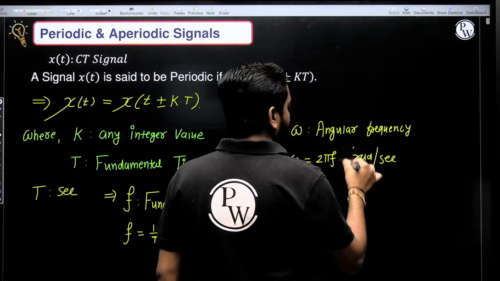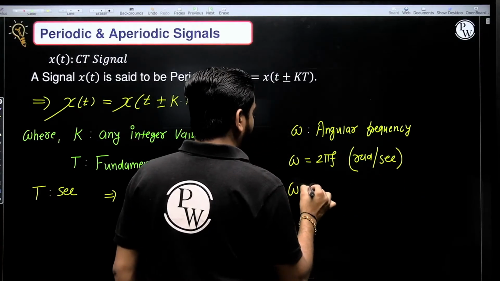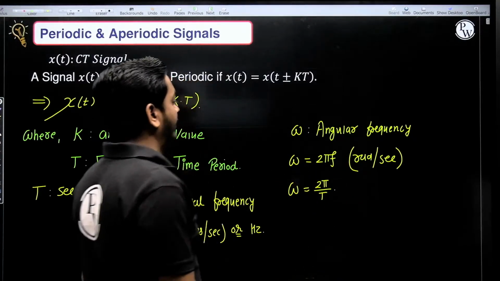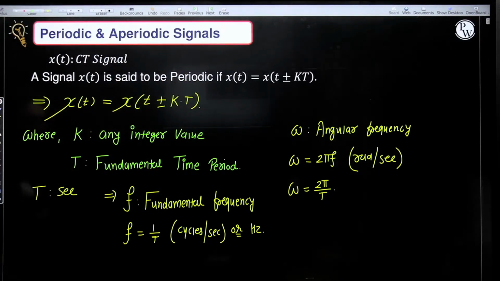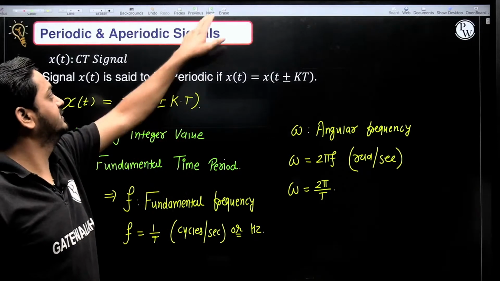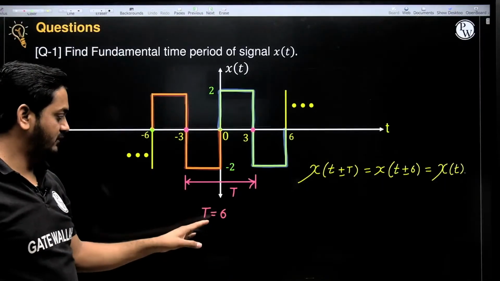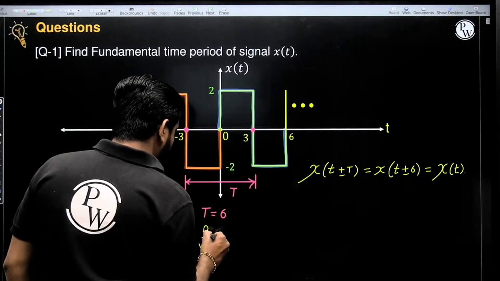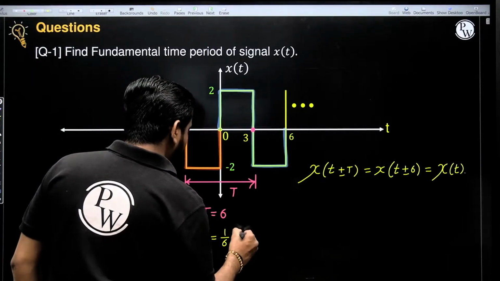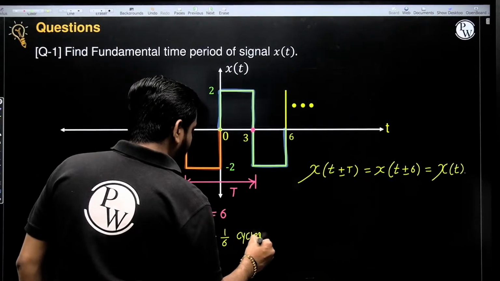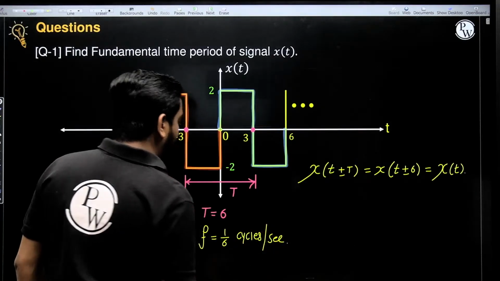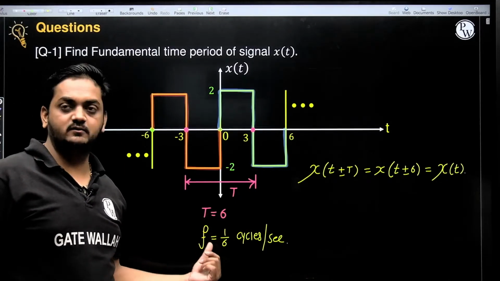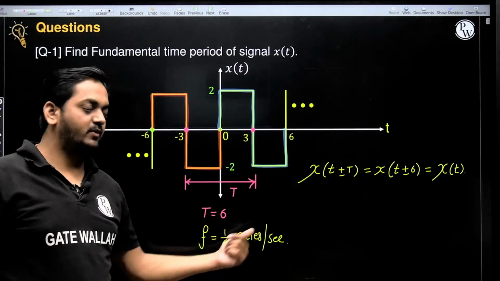Omega is equal to 2 pi by capital T. Okay, angular frequency; this is normal frequency in hertz. So this is your periodic signal with fundamental time period 6, and the fundamental frequency is f equal to 1 by 6 cycles per second. That means there is 1/6 cycle per second.